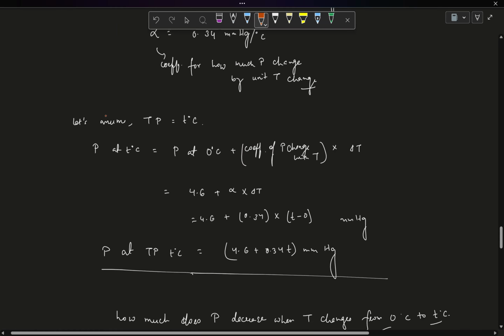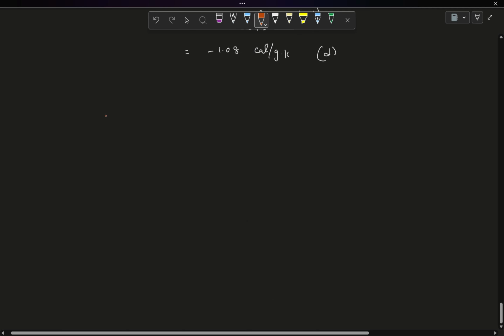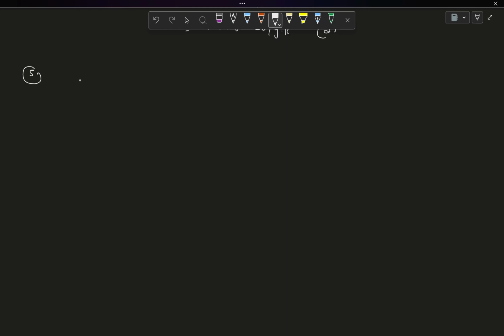Now let me explain in more detail what I am trying to say. First of all, let me define the different quantities. Let's say our Gibbs free energy is capital G. Gibbs free energy is the thermodynamic potential, you must have known from the lectures.